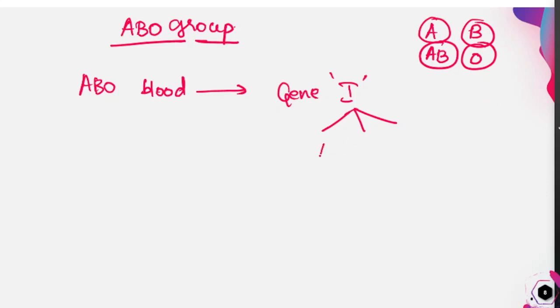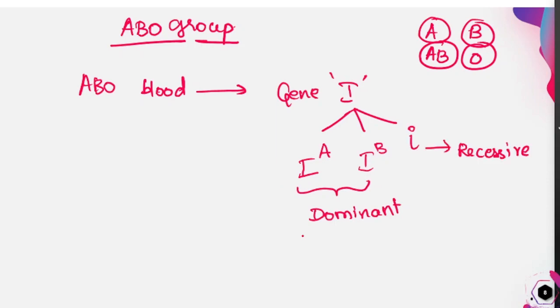IA is one allele, IB is one allele, and small i is one allele. Out of these, IA and IB are the dominant alleles, and i is the recessive allele.